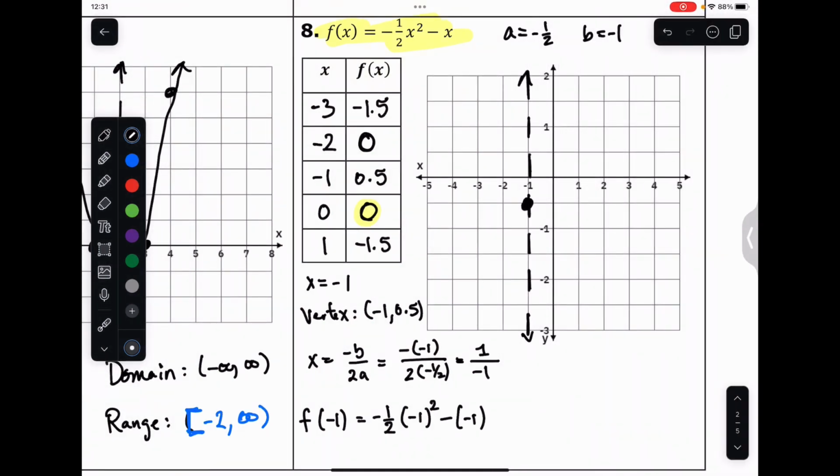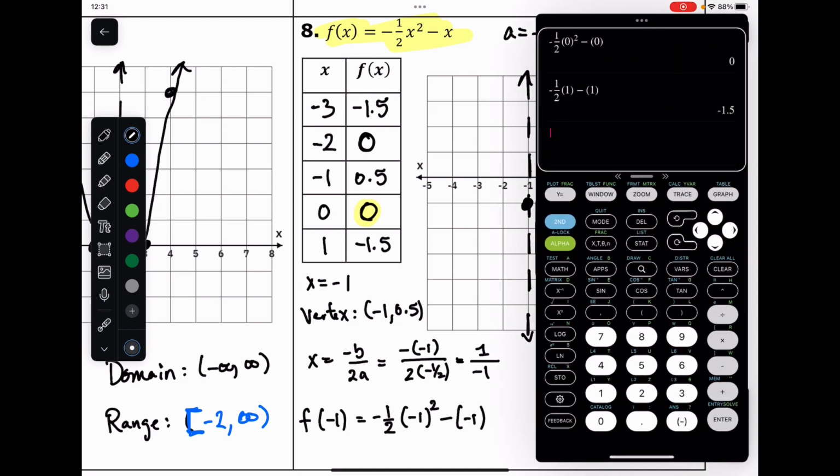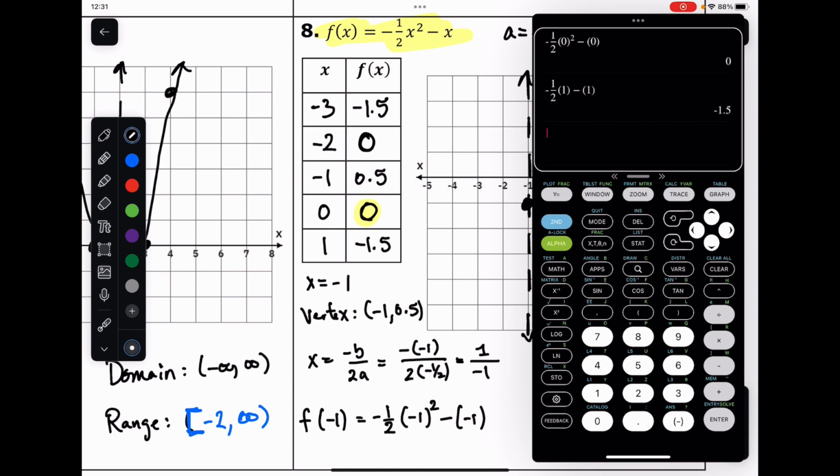So at 0, we're at 0, and at 1, we're at, hold on, did I do something wrong? Yeah, I forgot to square this. I forgot to square this when I was doing again the center, so I need to do the center again.